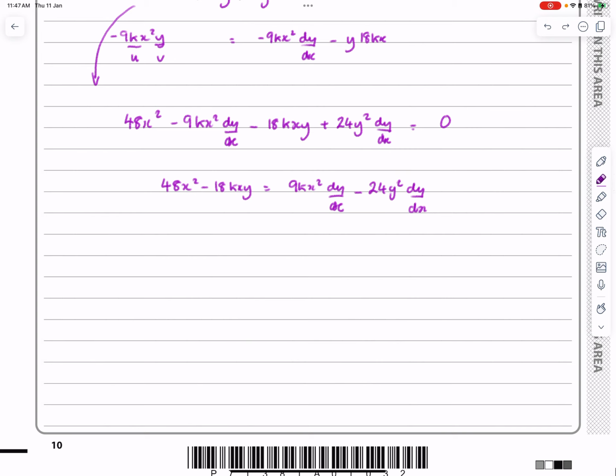I'm just going to say take dy by dx out as a factor. So we're actually going to get 48x squared minus 18kxy.